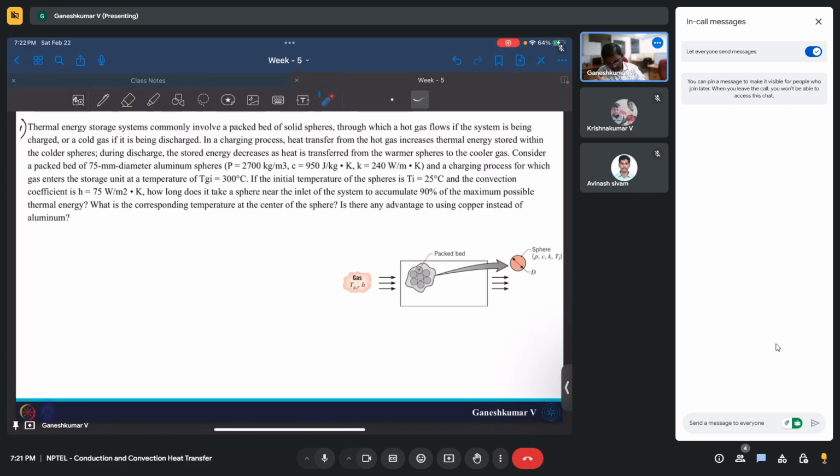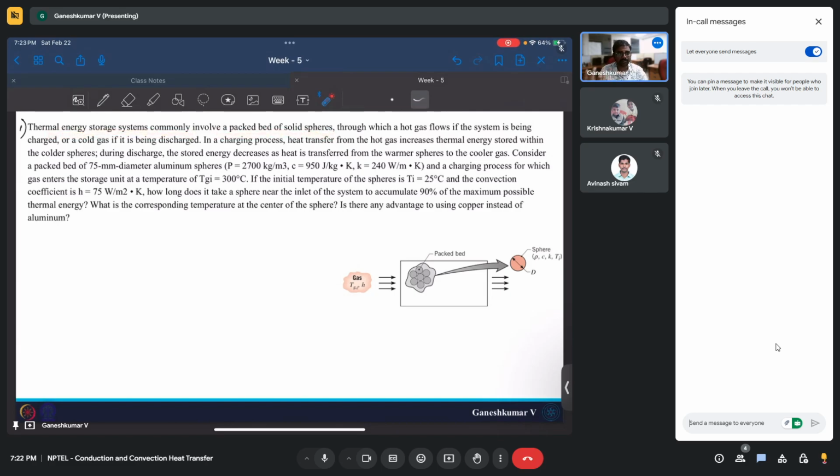Okay, all right. With that note, let's solve the first problem, or the only problem for today, which is: thermal energy storage systems commonly involve a packed bed of solid spheres.